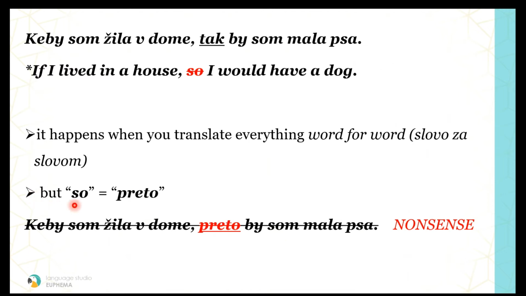This English word so means preto, okay? Another expression for so in English is therefore or that's why, okay? So a completely different meaning. Keby som žila v dome, preto by som mala psa. That just doesn't make sense, right? It's nonsense. So if you really need to use some equivalent, if you are really the kind of person who likes to translate everything word for word, then I have a solution for you.